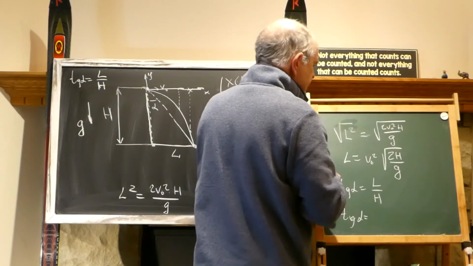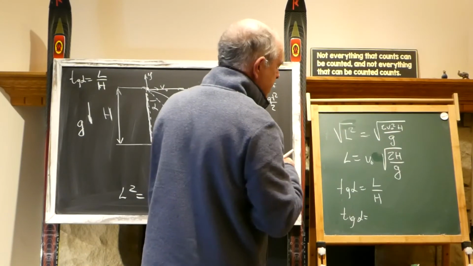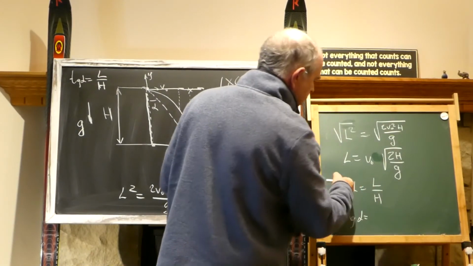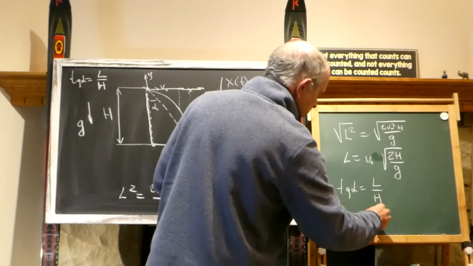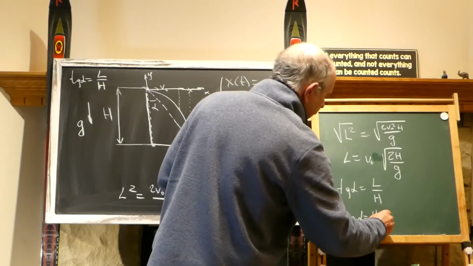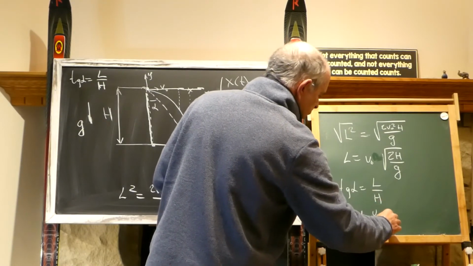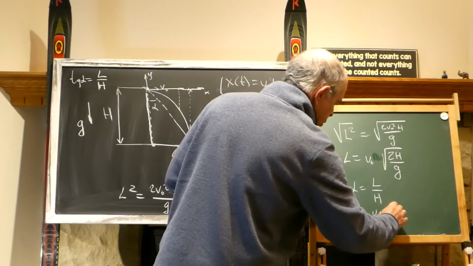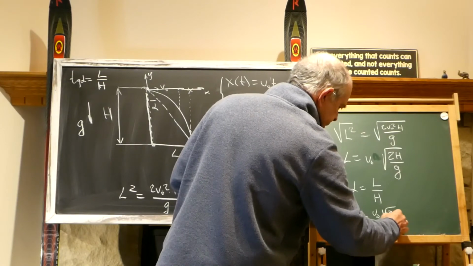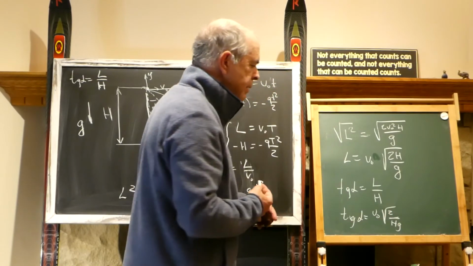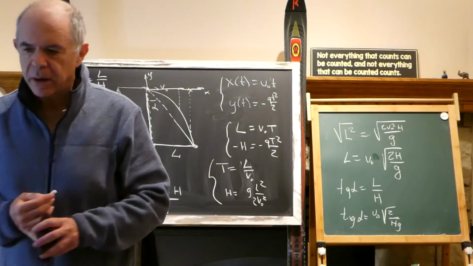Sorry, when I was extracting v0 squared, I forgot about this. Instead of L, I will put this v0, and then there would be a square root, and this would be 2 on top, but h would go underneath the square root, and this would be the answer. Tangent alpha equals v0 over this square root.